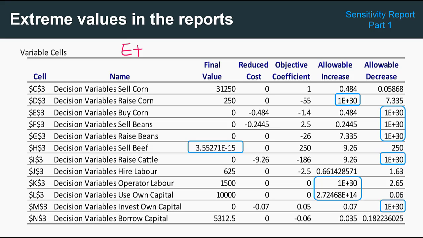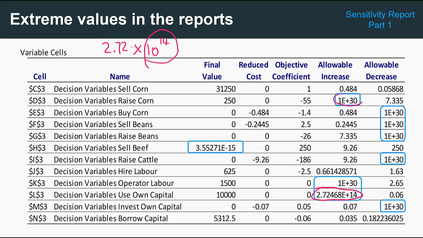Let's take another number here. This number actually means it's 2.72 times 10 to the power of 14. That's the value for that number. And if you imagine 10 to the power of 14, it's really a big number, and that is just Excel's way of saying it's a big number.